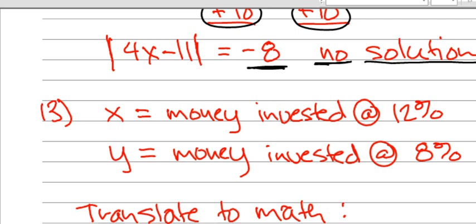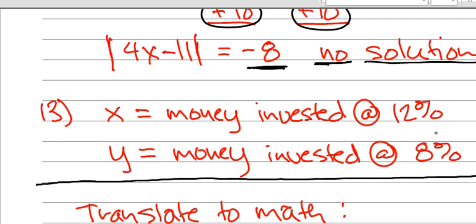So I'm going to let X equal the amount of money invested at 12%, and I'm going to let Y be equal to the money invested at 8%. So it's helpful to decide what you are going to let X represent in the problem and what you are going to let Y represent in the problem.